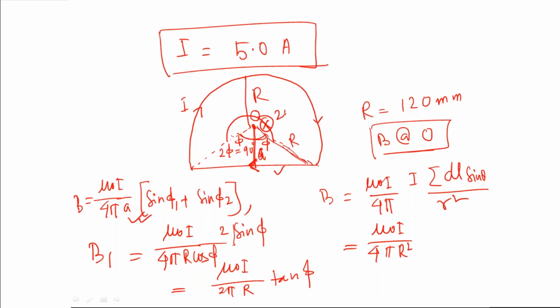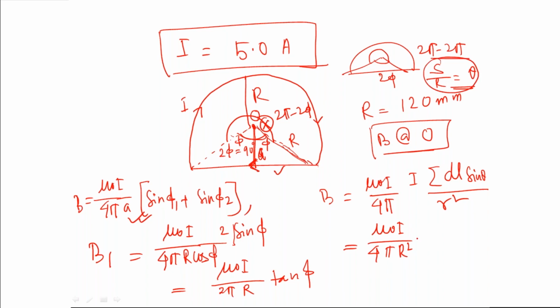What is the rest of the angle? 2 pi minus 2 pi, isn't it? So this is the arc length I have to get. Arc length by radius is angle, right? So I'll be using this concept over here.